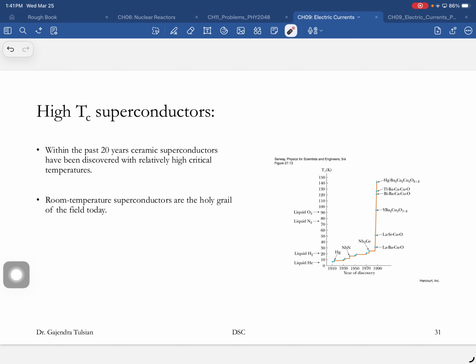Okay. So this was 1911, and look at this. For 70 years, all we went was from 4 to 30 degrees Kelvin. We were getting nowhere. And then suddenly in the 80s, we started looking at materials that we never thought would become superconducting.